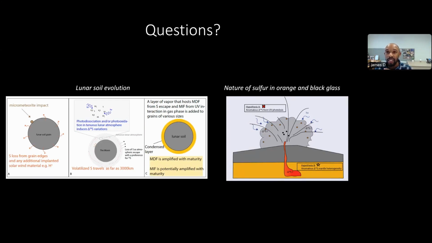And so that would be a nice way to try to identify how sulfur is fractionated during solar wind interactions. But then also trying to identify those exogenous components that could exist among the lunar soils and glasses.